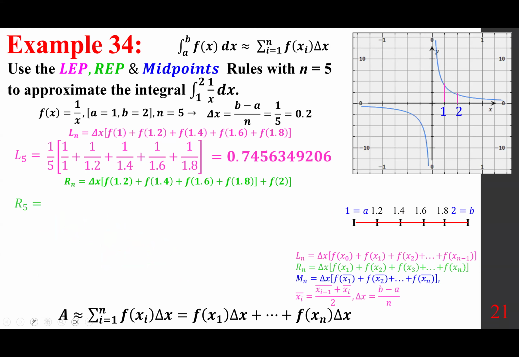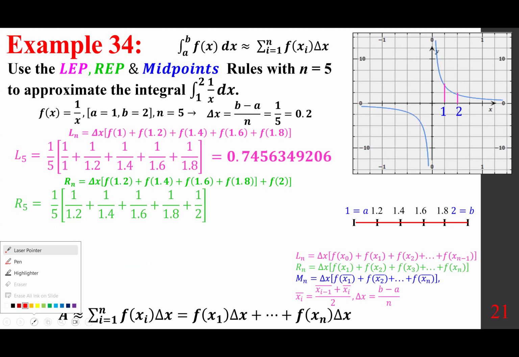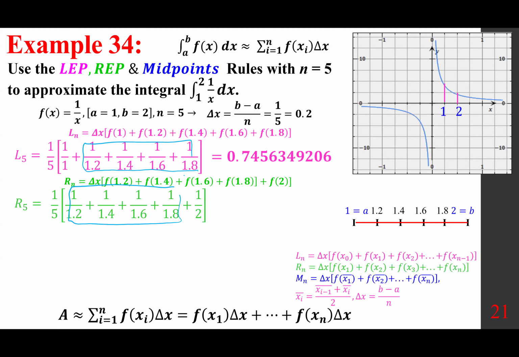And it's important to notice that f of 1.2 is 1 over 1.2 and so forth. And notice that these parts are the same, which means it really helps with the fast calculation. You put it into a calculator, come up with the answer, and you're done.